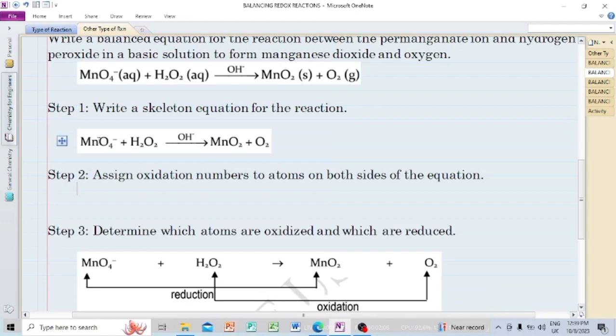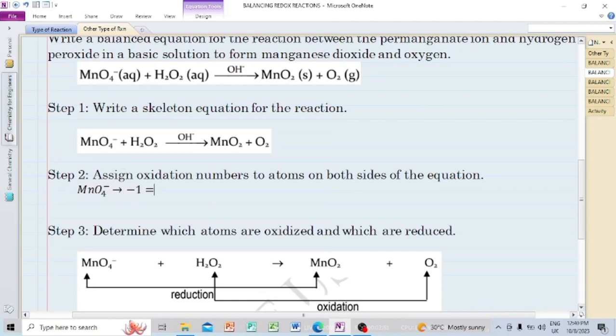So, let's start with the first ion, Mn, on the reactant side. We have MnO4 negative. We have discussed that for a polyatomic ion, the sum of the oxidation numbers is equal to the charge of the ion. In this example, the charge of our ion is -1.